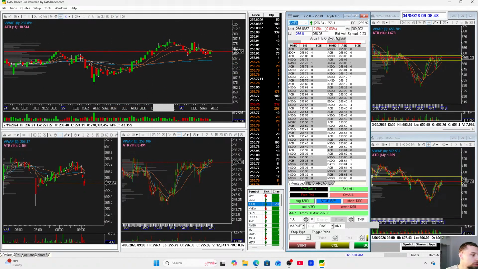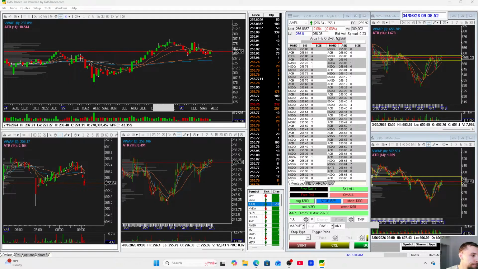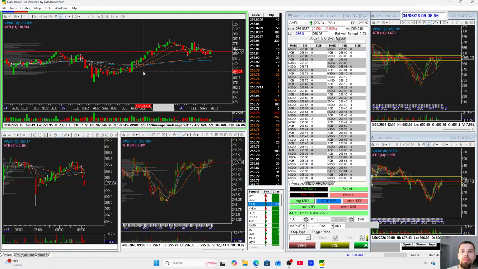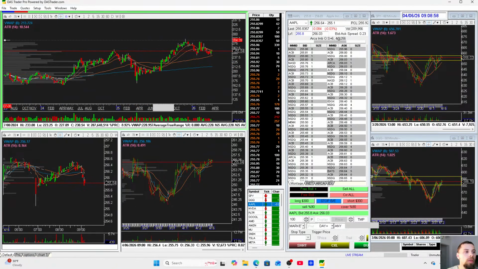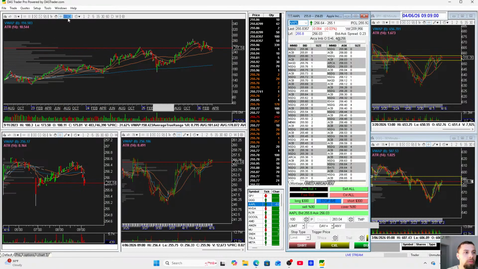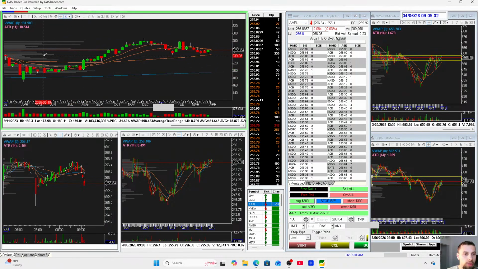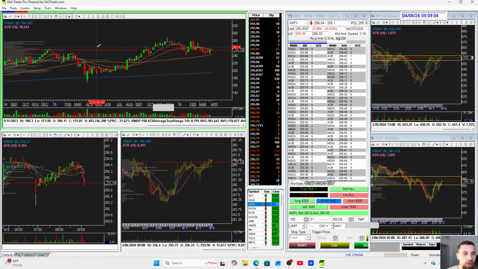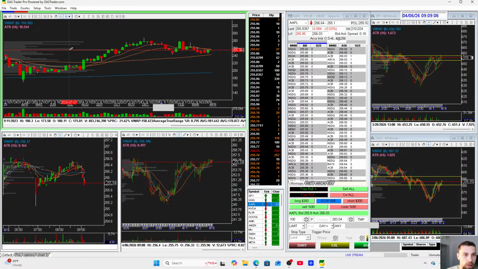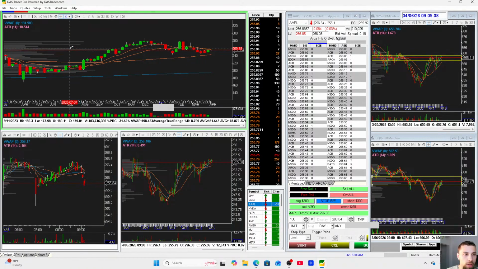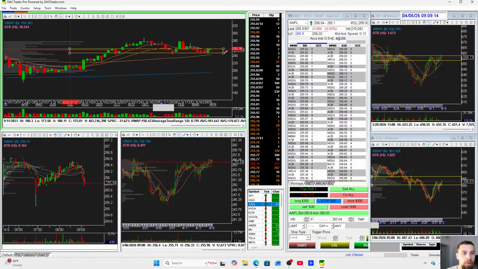Alright, a couple other tickers here. I'm just going to draw some obvious areas of support and resistance standing out on these tickers. I don't think they're really worth trading per se. Like, not necessarily in play, but we're going to draw some lines.